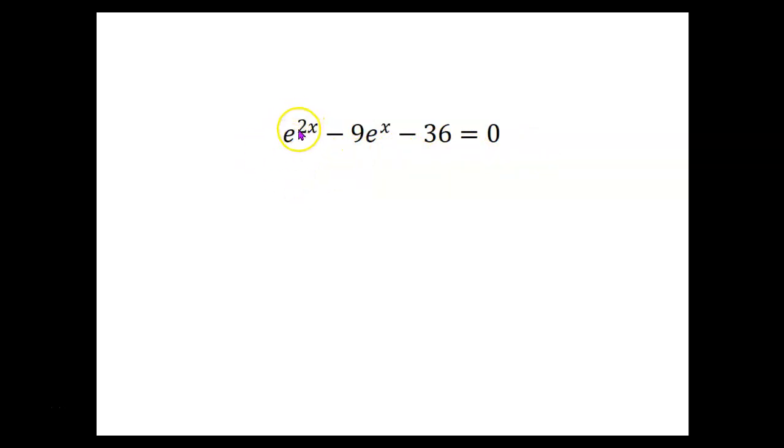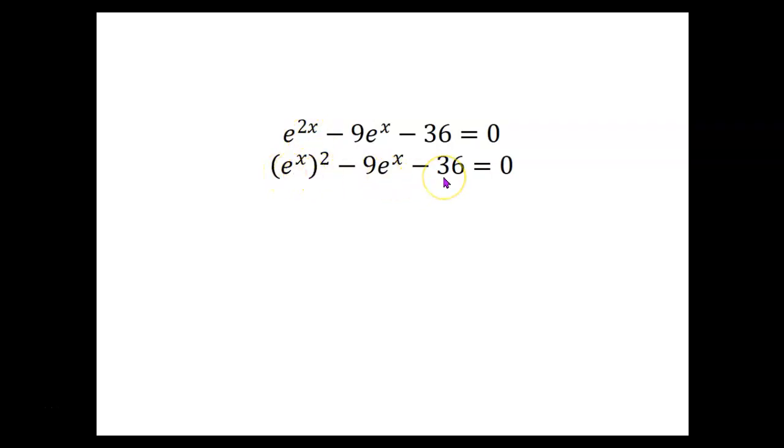Except instead of just something squared, this is e to the 2x and this is e to the x. But e to the 2x is e to the x squared. If you start with e to the x and then take that to the 2 power, you get e to the x times 2 power. That is e to the 2x.